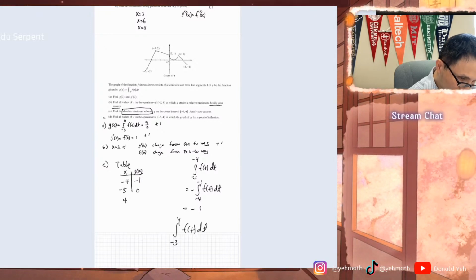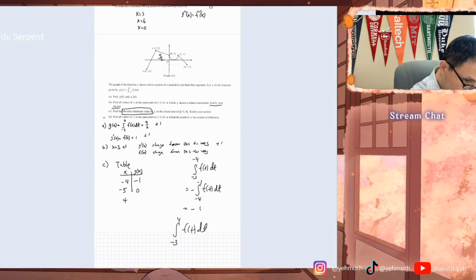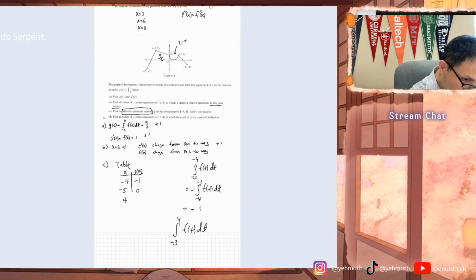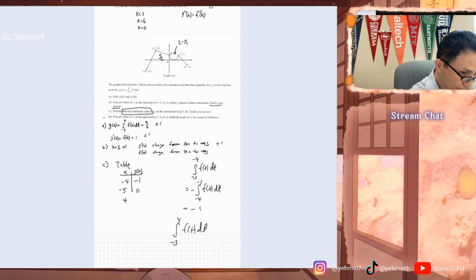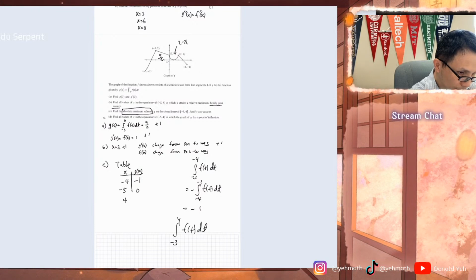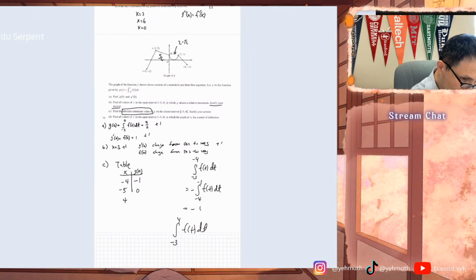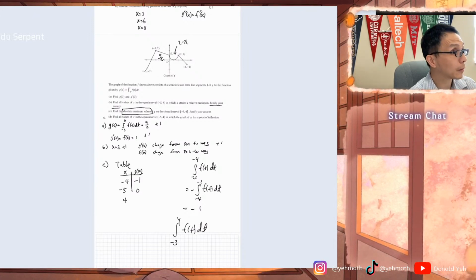We start at negative 3, right? So we know this is 9 over 2. And we know this part is 2 minus pi. Does that make sense? And that top part and bottom part kind of cancel out. Does that make sense or no?